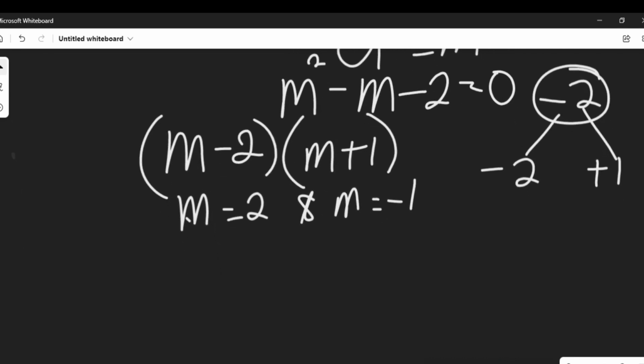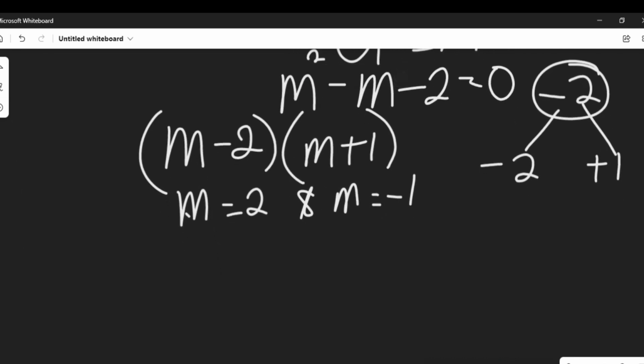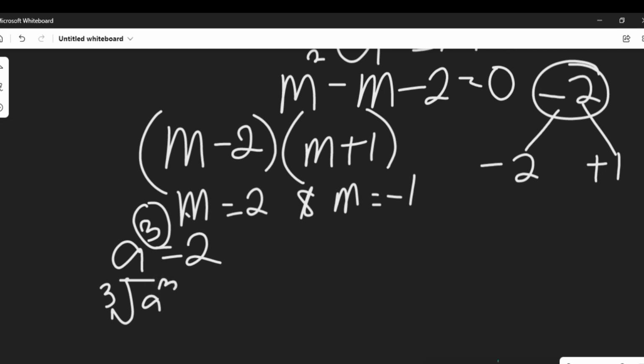Recall that we say a raised to power 3 is equal to m. So if we apply that for m equal to 2, we'll have a raised to power 3 equal to 2, right? To simplify that, we'll cube root both sides in order to clear this cube. We'll have the cube root of a cubed equal to the cube root of 2.